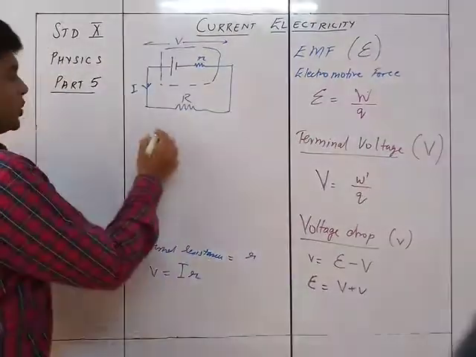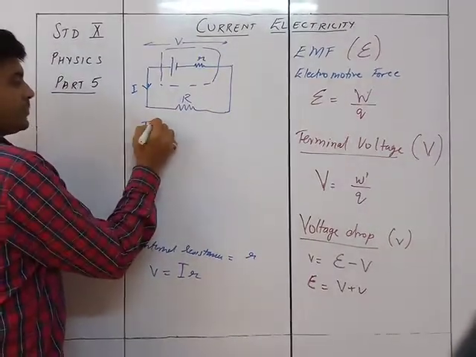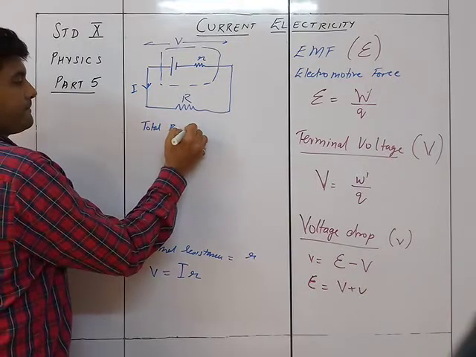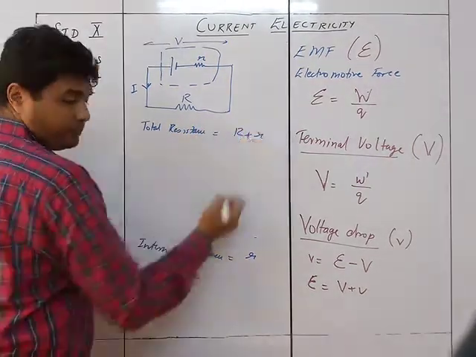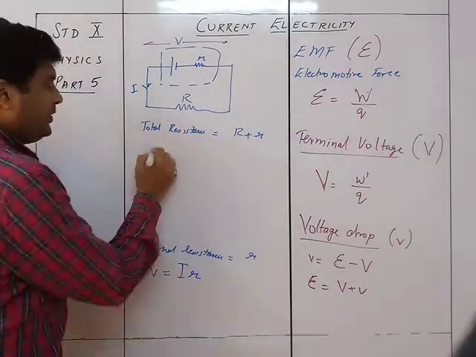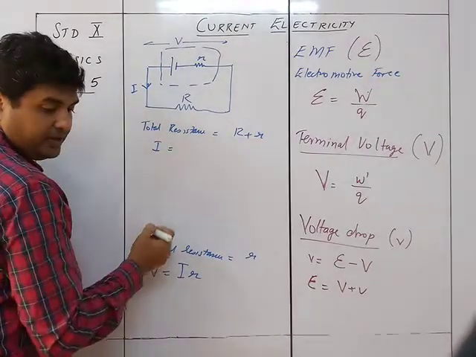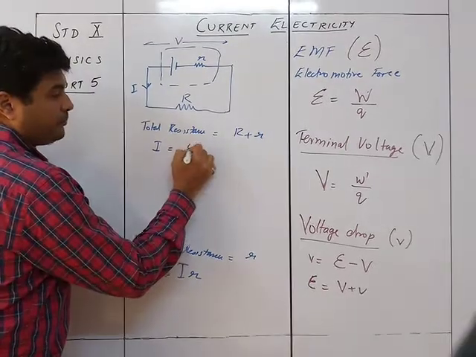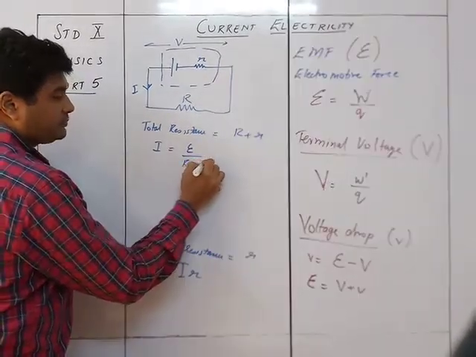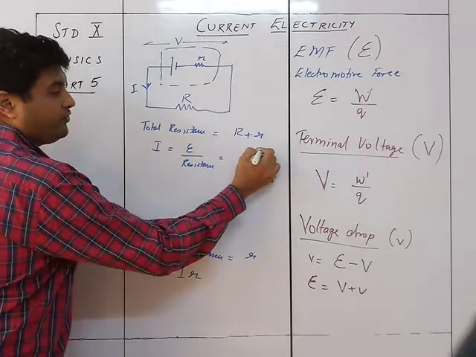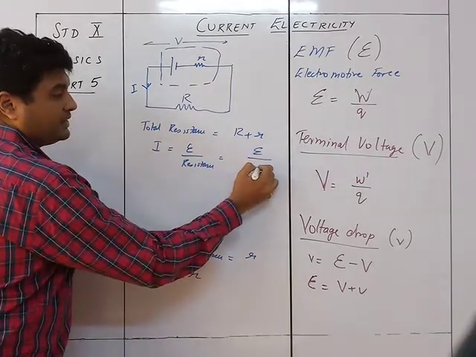So we know that the total resistance of the circuit will be R plus small r, and we know that I is going to be equal to EMF upon the resistance. So I equals EMF upon R plus r.